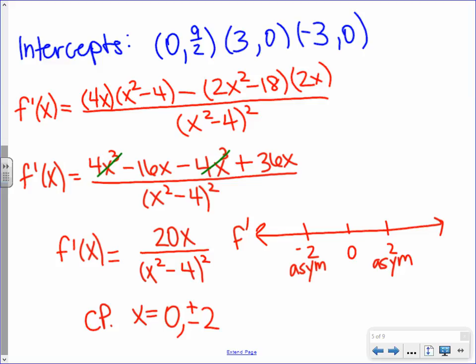To the left of negative 2, our derivative will be? Josh, between 0 and negative 2, our derivative will be? Remember, our denominator is squared, so it's always positive, doesn't matter. Negative. 0 to 2? And after 2, positive again? Okay.